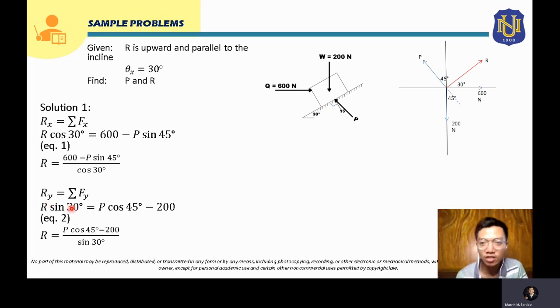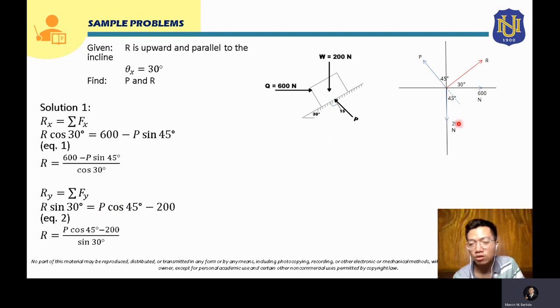Since it is upward, that will be positive, and it equals the summation of all the vertical components of the component forces: 600, P, and this W. For P, the vertical component will be the adjacent side of this triangle, since the angle is here, so that will be P cosine 45, and since it is directed upward, it will be positive.